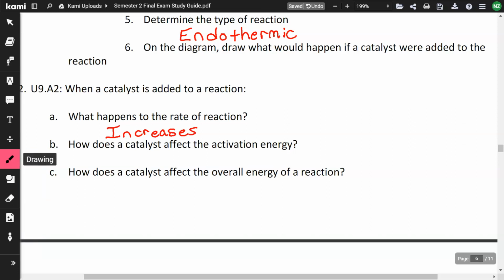As I said, it decreases the activation energy. And the important thing is the overall energy of the reaction does not change when you have a catalyst, so no effect.